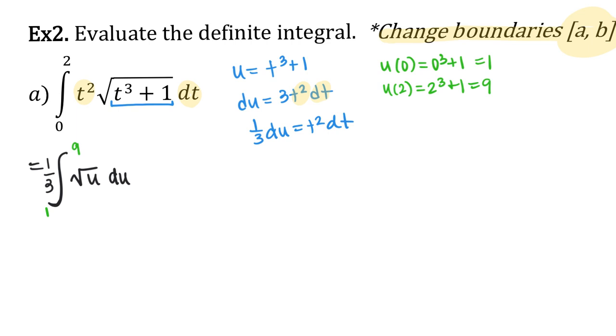Okay, now let's evaluate it. 1/3 times the antiderivative of the square root of u. So that was u to the 1/2, which is going to make it u to the 3/2 divided by 3/2, which is timesing by 2/3. I'm not going to bother with the constant because I'm going to evaluate this from 1 to 9.